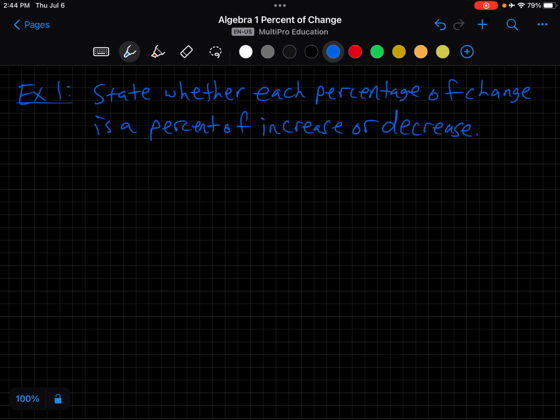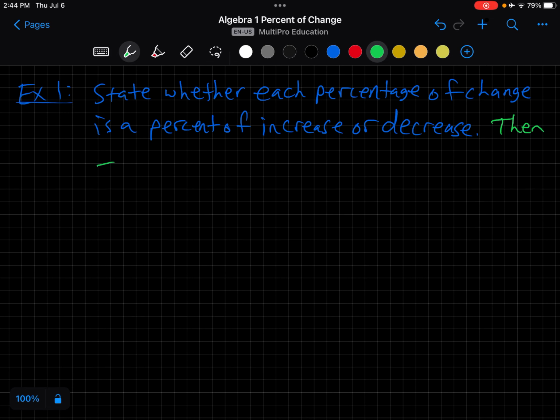Okay, then there's a part 2. Then find the percent of change. Okay, so we got two parts. In blue, we have to determine whether it's increase or decrease, and then in the green, we have to determine what is the percent of change.